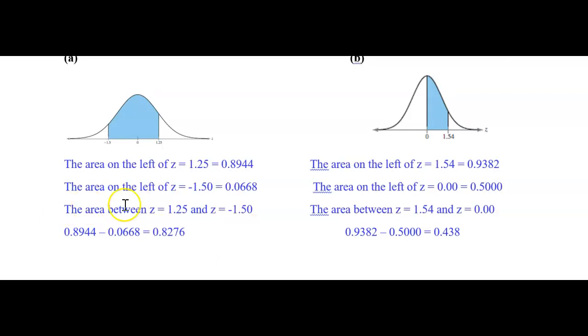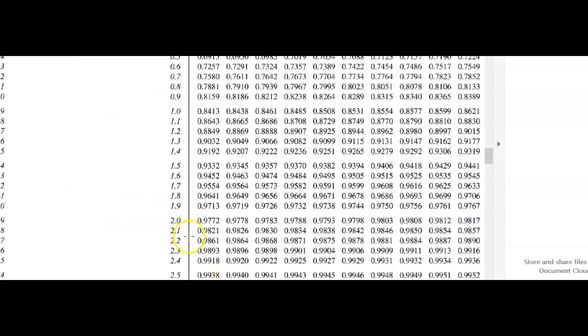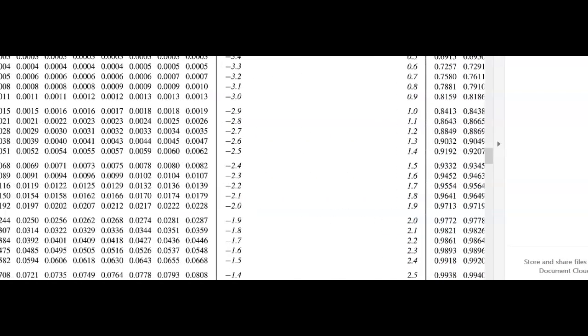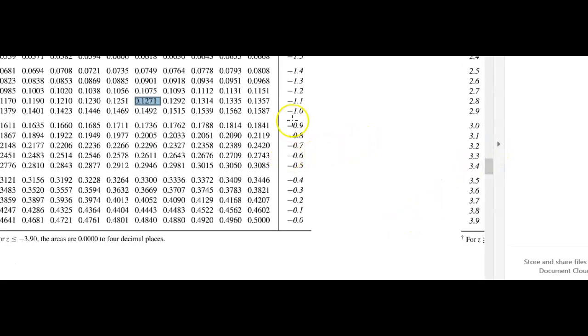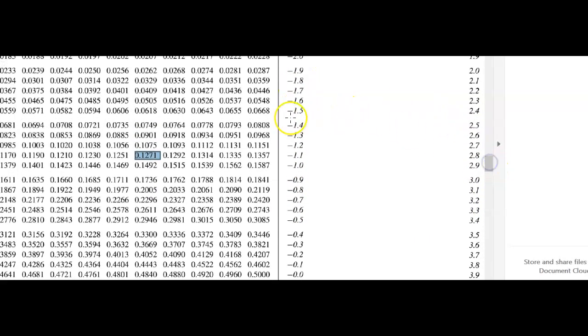The area to the left of negative 1.50. Negative 1.5, 0 means it's going to be the first number, negative 1.5, this line here, 0.0668, negative 1.50, right?